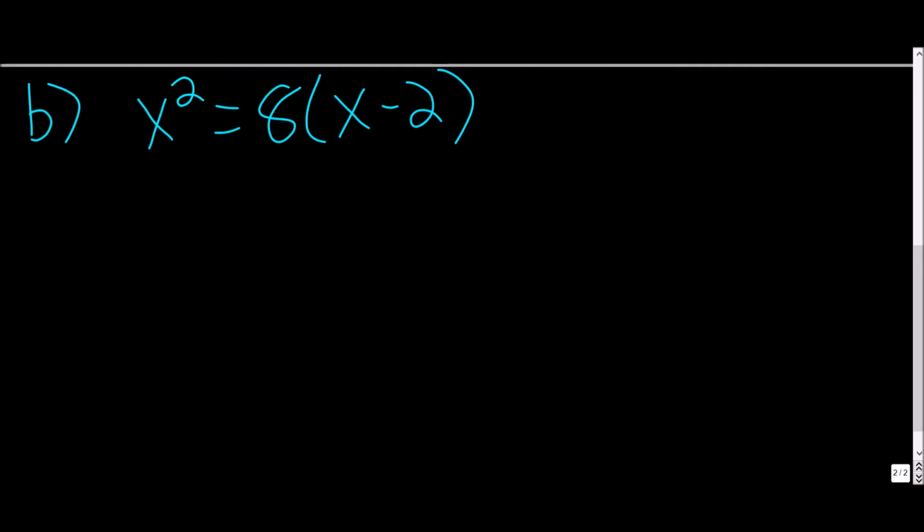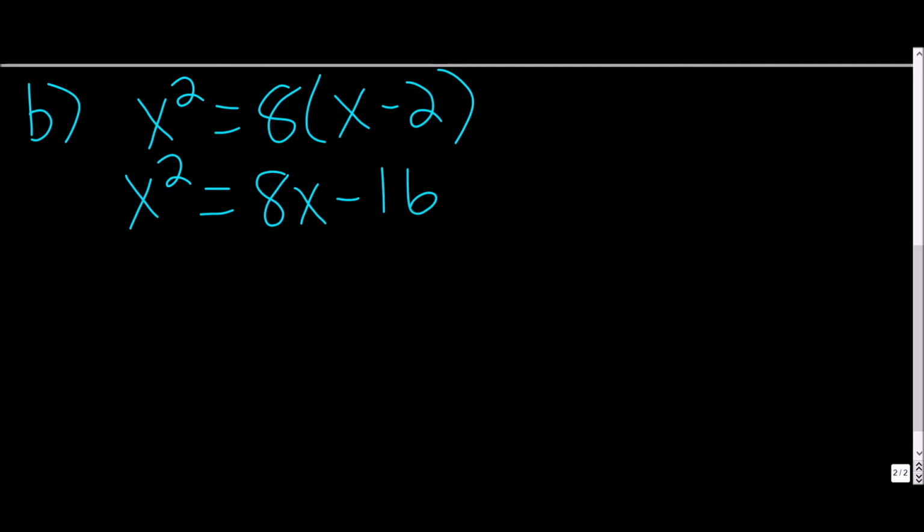I'm going to distribute the 8 across and then move stuff over. Since I have a single term times a binomial, I'm going to distribute that 8. And so this becomes 8x minus 16.